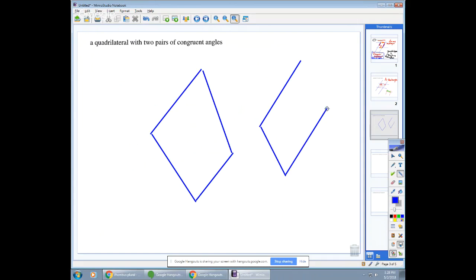Oh, that's not what I wanted to do. Copy this one, paste it. I make a parallelogram. It looks like this angle is congruent to that one, and this one is going to be congruent to that one.